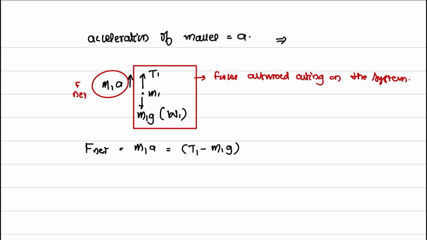These people make a mistake stating that upward force is equal to downward force. They will add M1A also: T1 plus M1A is equal to M1G. That is wrong. Please do not make this mistake. M1A is the net force.